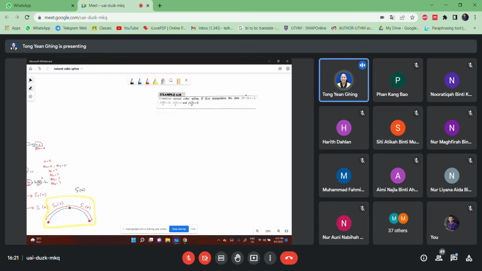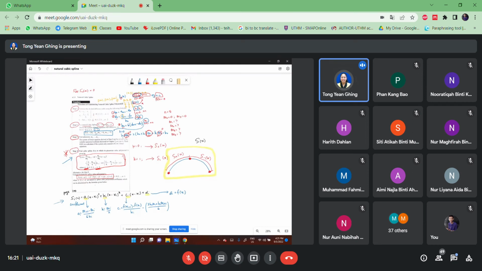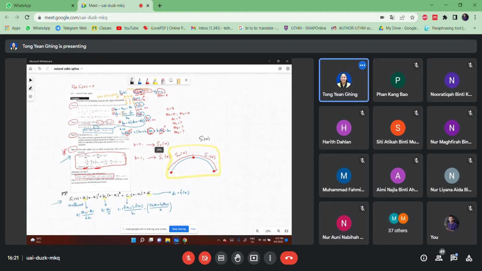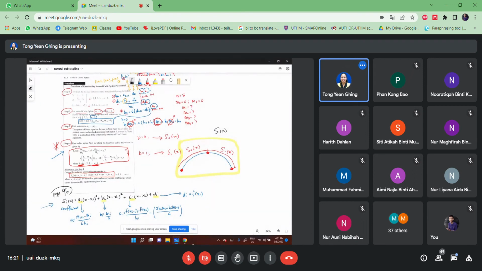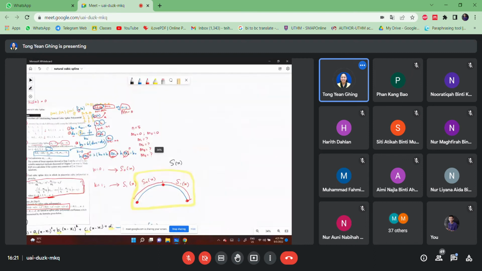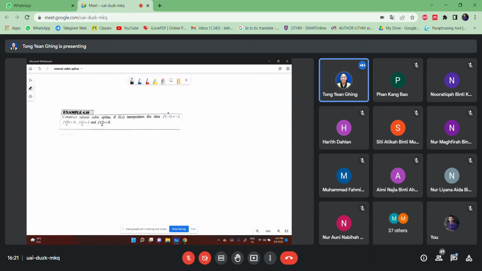Just now this one is not page 100, but this one is page 96. This one is page 96. An example, this one is page 96 as well.